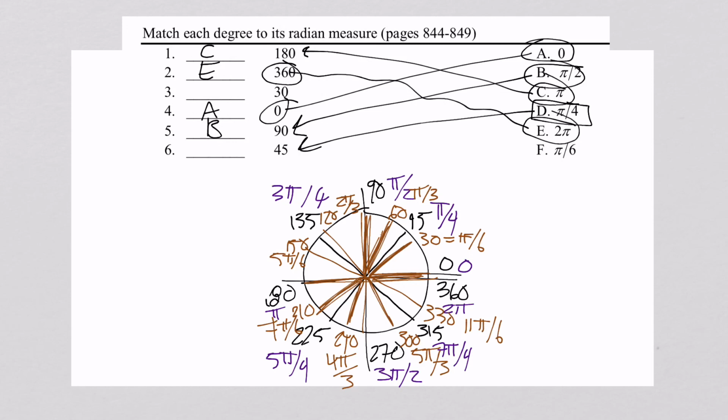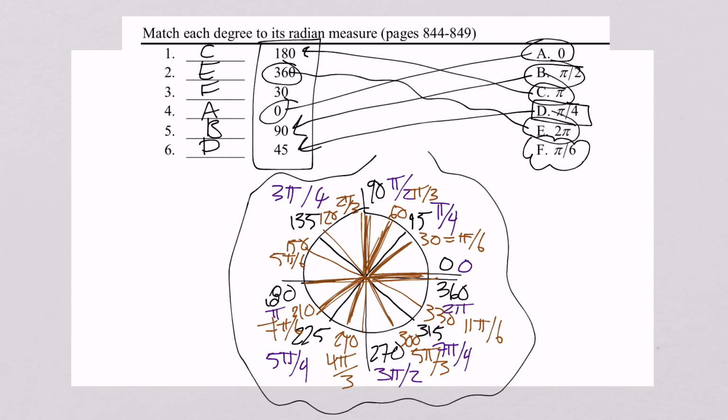And so I get that bottom one is D, which means 30 has to be pi over 6, which it indeed is. And so I get F for option 3. Hopefully we know these values fairly easily, and we can figure out anything else we need to by drawing a little unit circle and splitting it up into equal fractiony pieces.